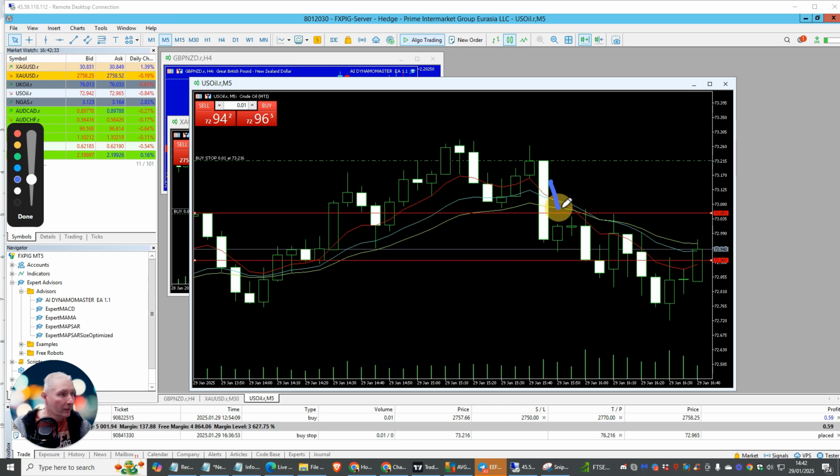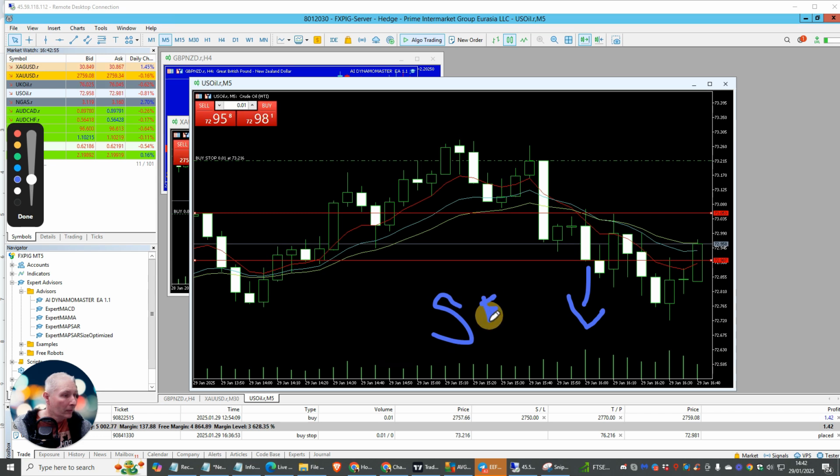We ignore this. We ignore this line, okay? Because we're only concentrating on sell only, okay? And the idea is as soon as this line here, this is when we're going for our sell. And then we would probably work again by about 72300.